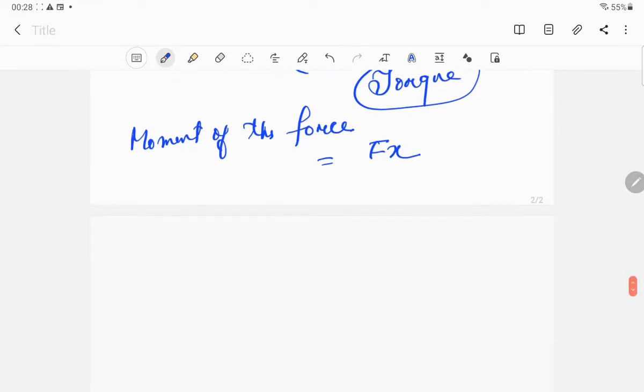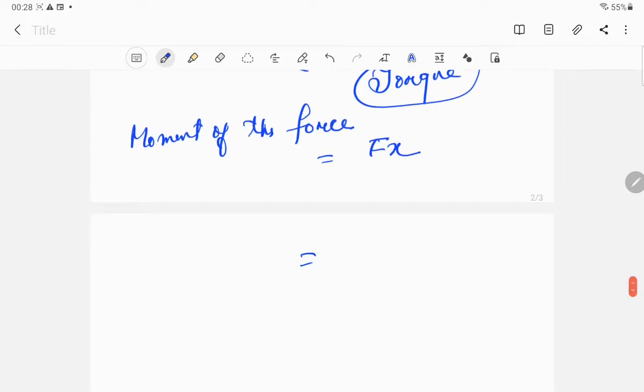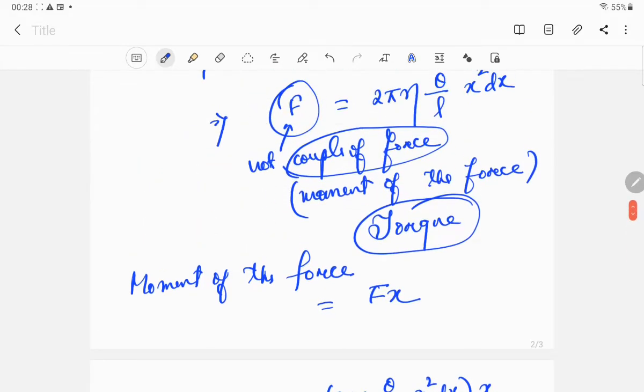That is again equal to 2 pi eta theta by L. Already we have found the force to be equal to this. Again I will explain why I am taking the moment of force: because we need the couple of force, which is also called torque. The moment of force is actually about OO dash.